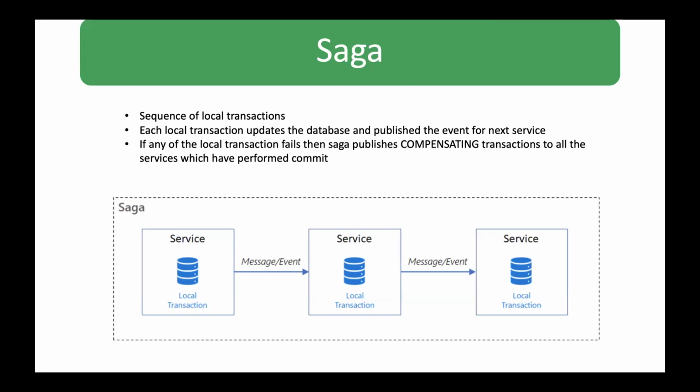Now, the idea is very simple. In your current project, the transactions are happening across multiple microservices, because one microservice is booking the flight, another the hotel, and another the cab.